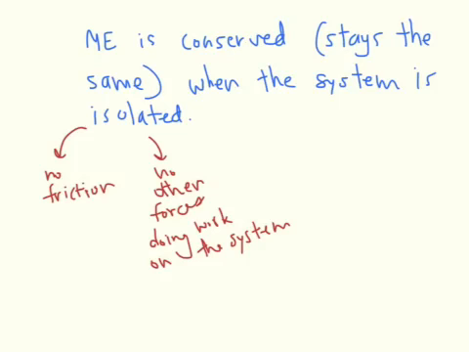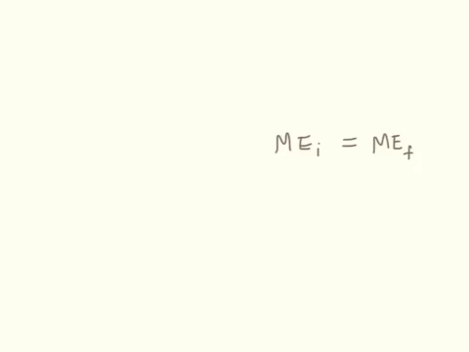Here's what that means. If you have 10 joules of mechanical energy right now, then in an hour, the system will still have 10 joules. The amount doesn't change as time passes. So we can write that like so. The amount of initial mechanical energy, like right now, is equal to how much you have in an hour, the final amount. This equation can be expanded.